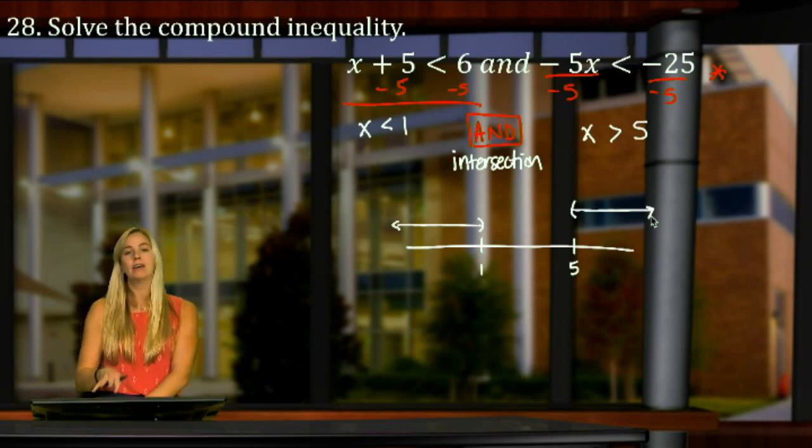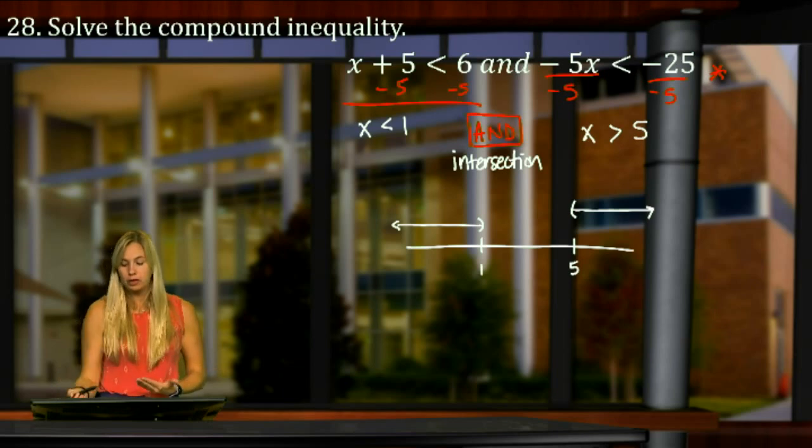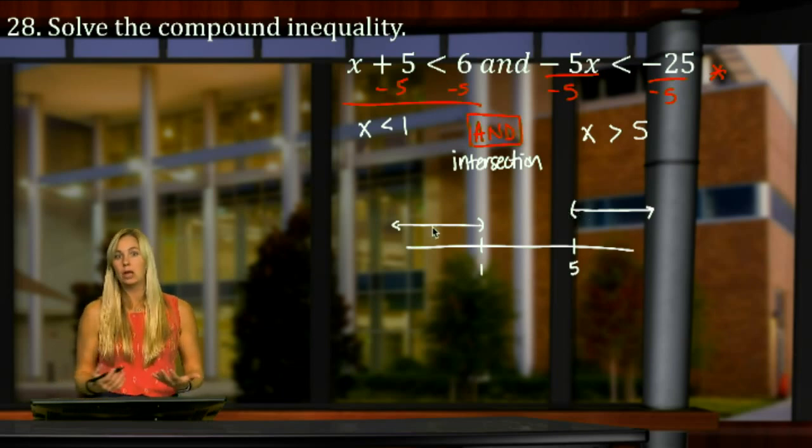Now, once we have this graphed, we want to go back and revisit the idea that we're looking for the intersection. We need to keep coming back to that because we're going to see similar types of graphs and they yield different answers. Since we're looking for the intersection and I'm looking at these two shaded regions, do they share any values? Is there an intersection?